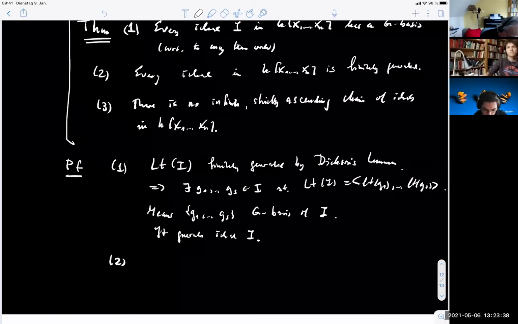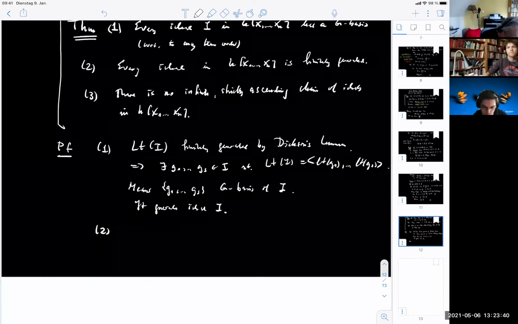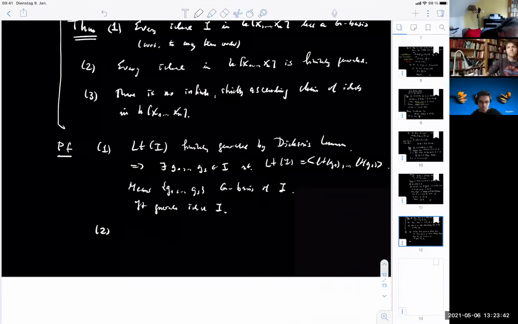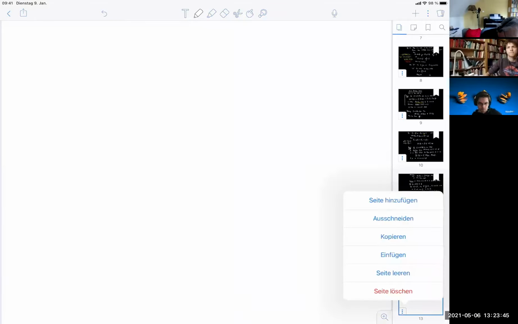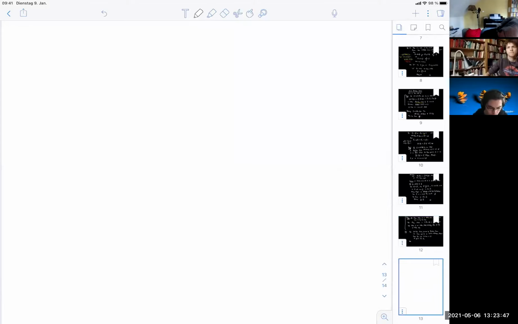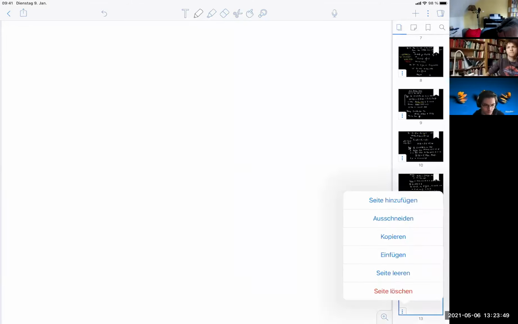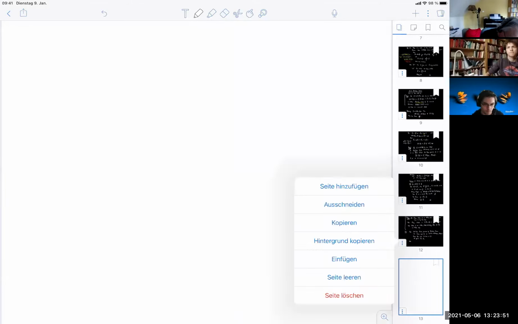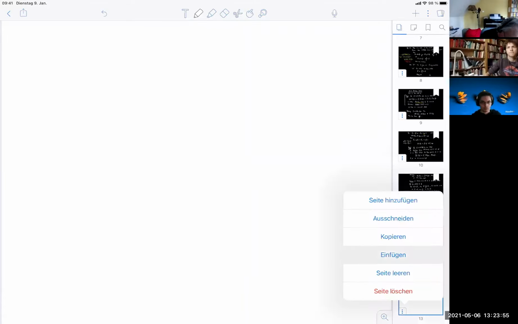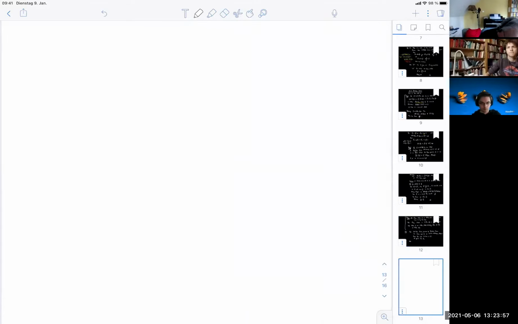I want to have a little bit more space somehow. How did I do it? No more space.